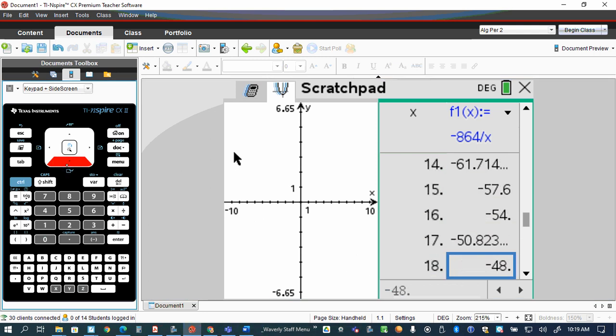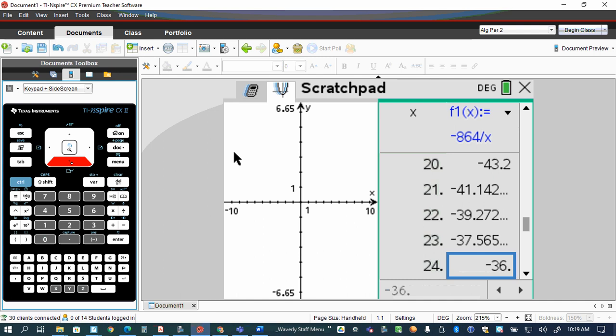These two numbers multiply to negative 864, so they cover that. And what's 36 minus 24, guys? There's your 12. So those are our two numbers.